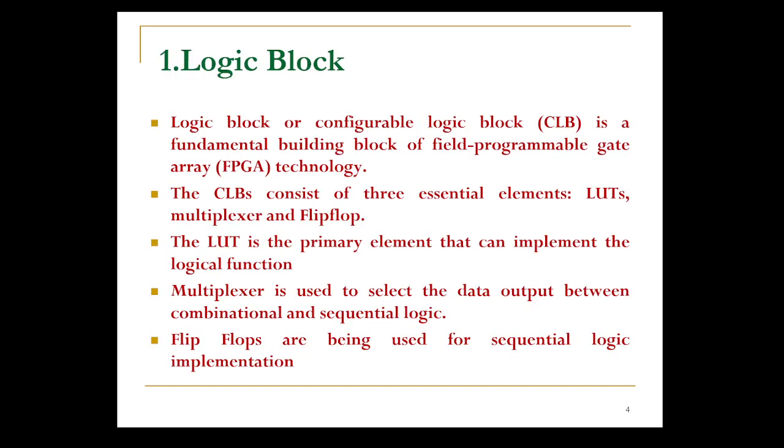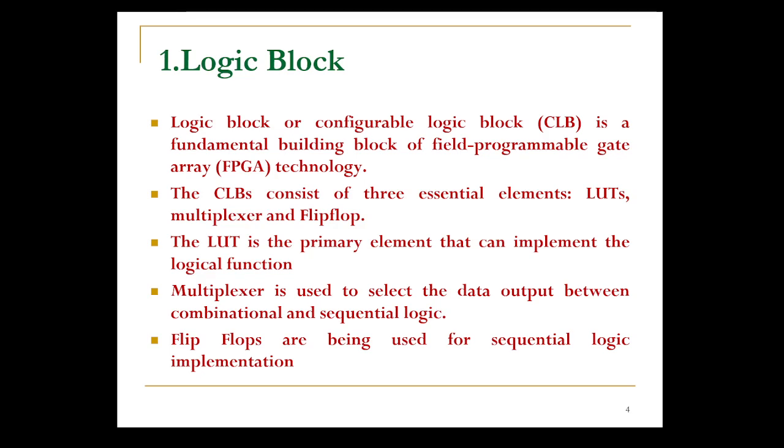First, logic block. It is a fundamental primary building block of FPGA technology. It consists of, number one, LUT, lookup table. Second, MUX, multiplexer, which is also called a data selector. Third, flip-flop, which is a sequential circuit.